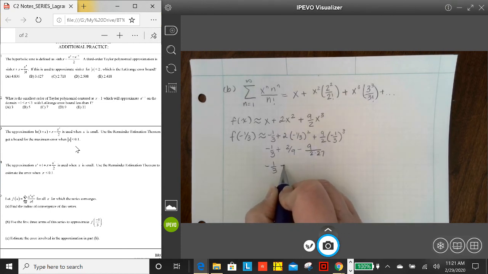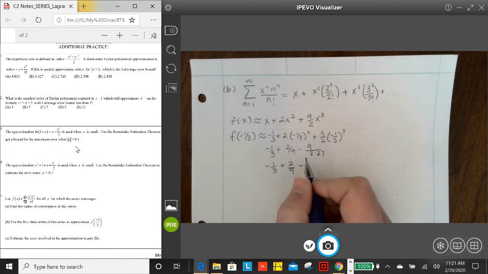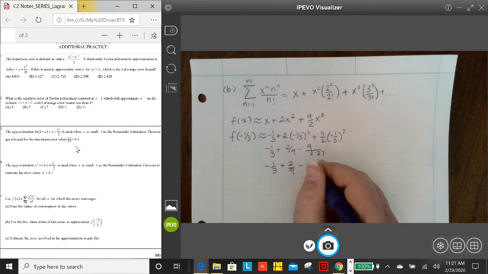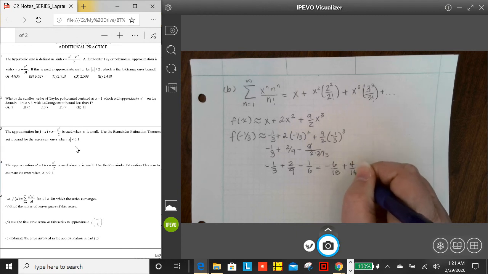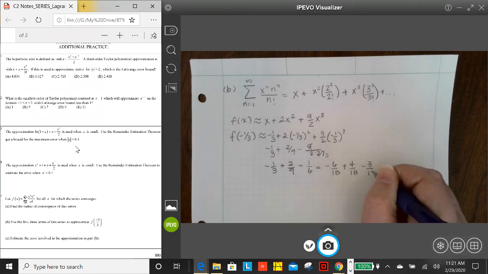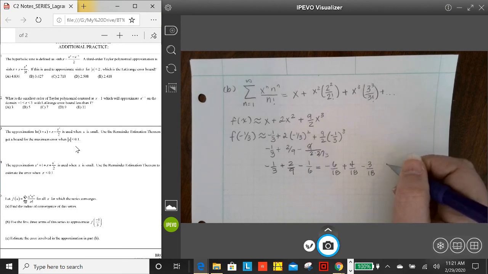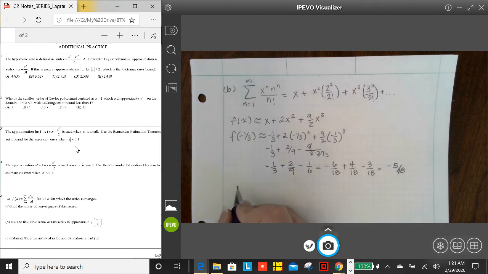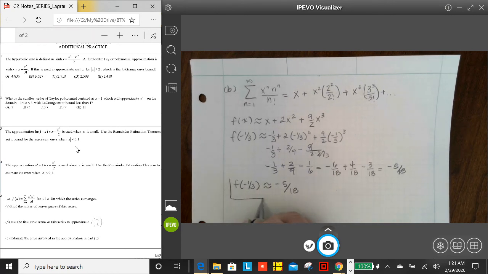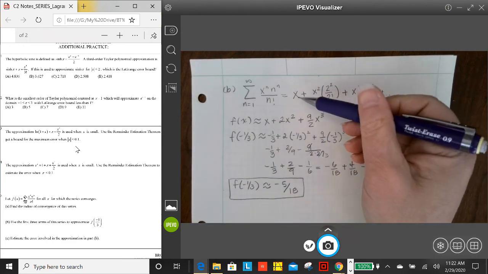Negative 1/3 plus 2/9 minus, this goes away, this goes to 3, negative 1/6, which I can write all in 18ths: negative 6 over 18 plus 4 over 18 minus 3 over 18, which is negative 9 plus 4, which is negative 5 over 18. So I can say f of negative 1/3 is approximately, using the third degree Taylor polynomial, negative 5 over 18.